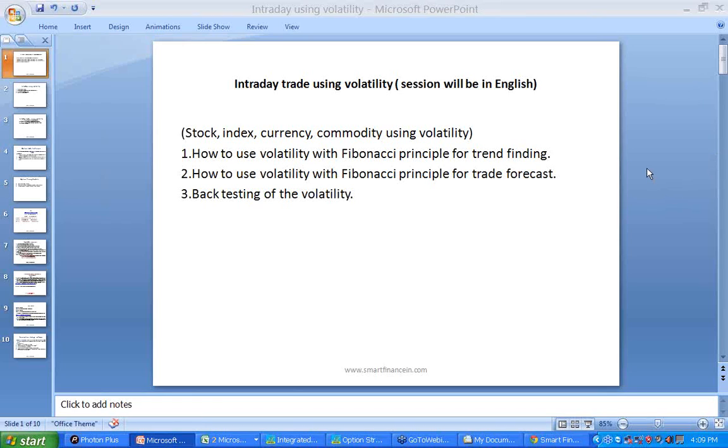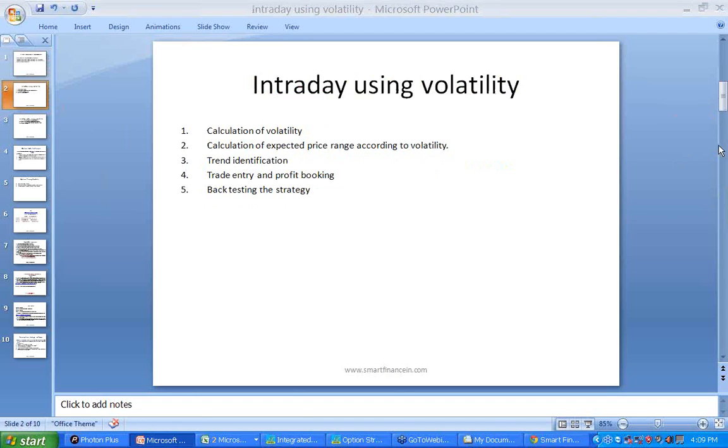Now let us move into the subject session: how we can do intraday trade using volatility. Here the volatility and Fibonacci principle will be used for trend finding and trade forecast, and we will backtest this method for a couple of days to know how powerful it is.